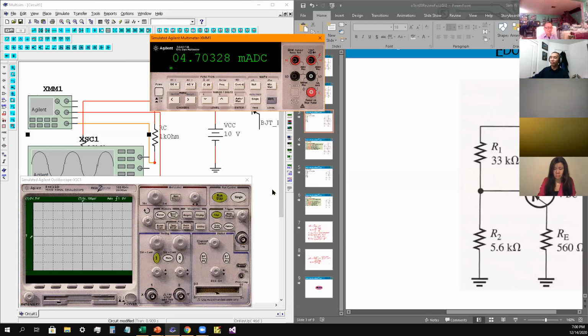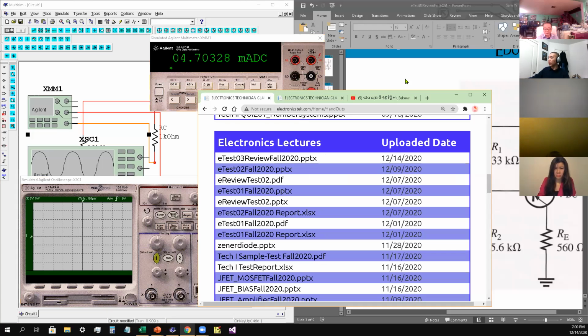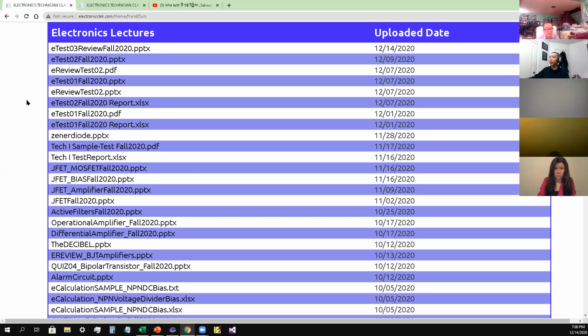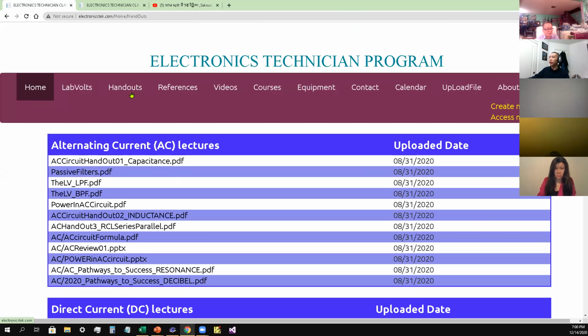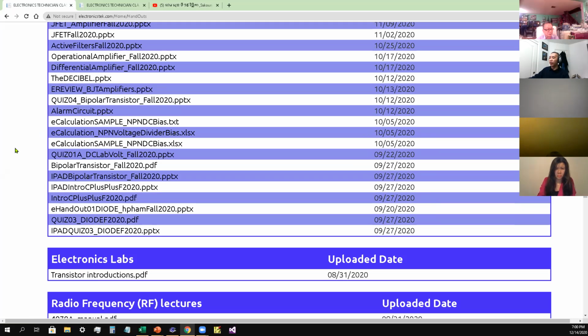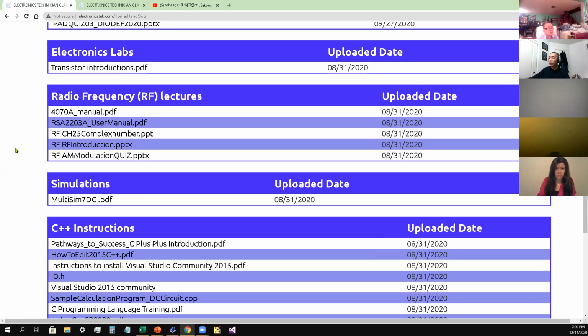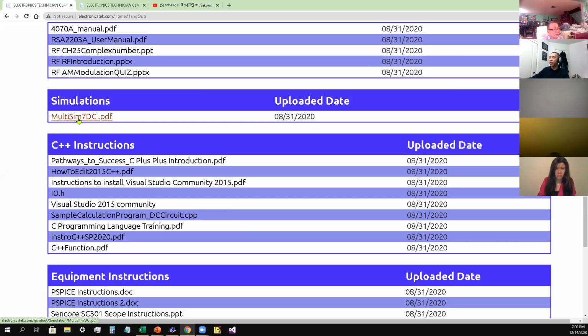I'm sorry. Now we can download the Multisim. Yeah, that's what I said. I think he said you can go into here, and you probably can go into handout and then scroll down to the bottom. Let me see, MSIM simulation. This one is a PDF. So that's a PDF.